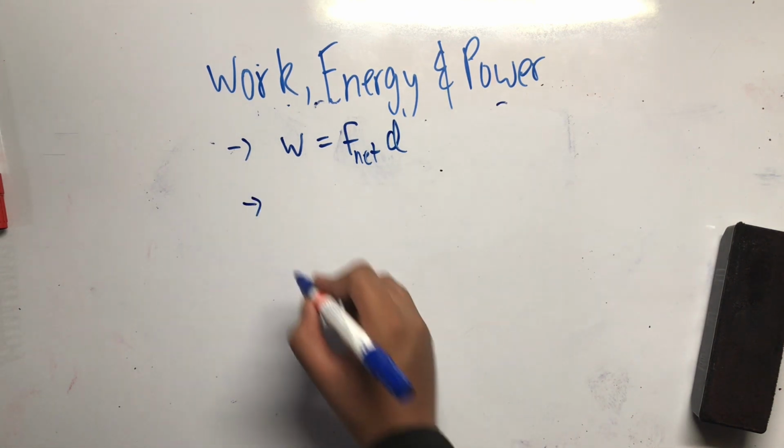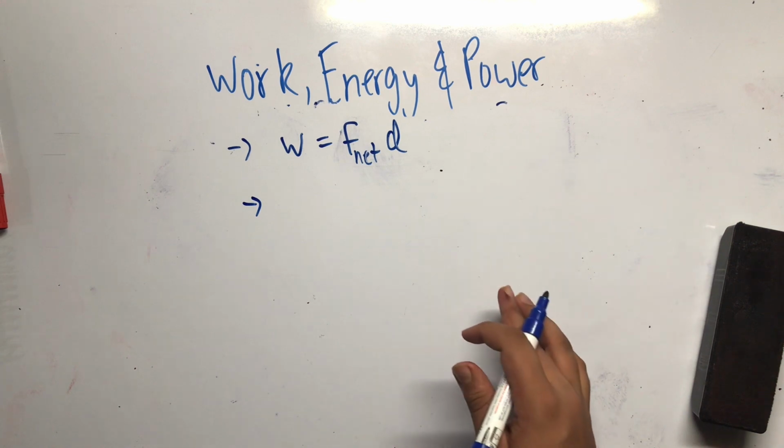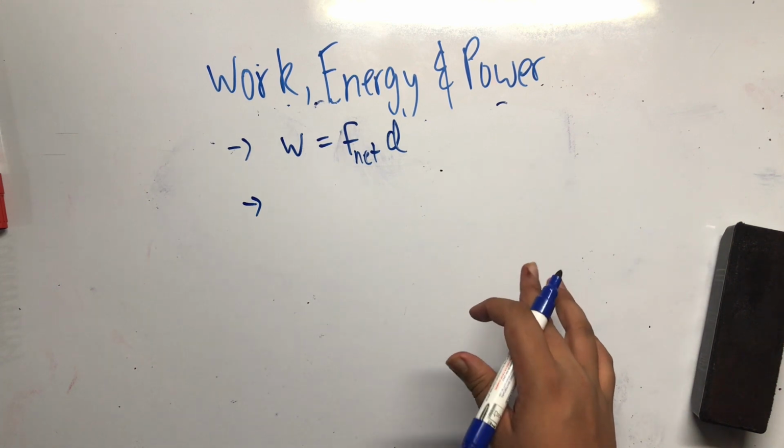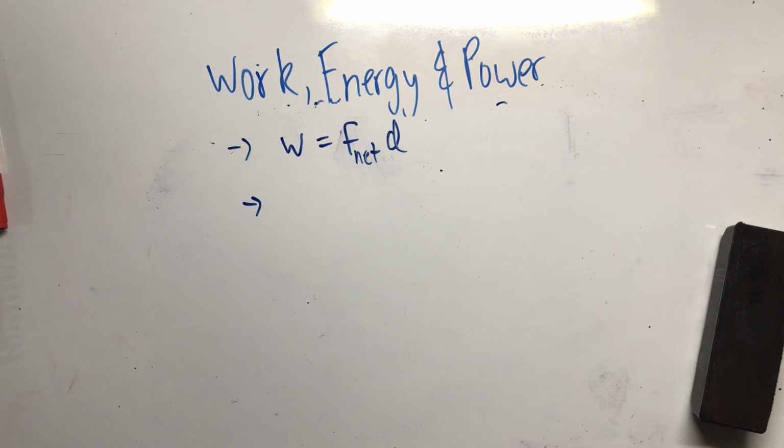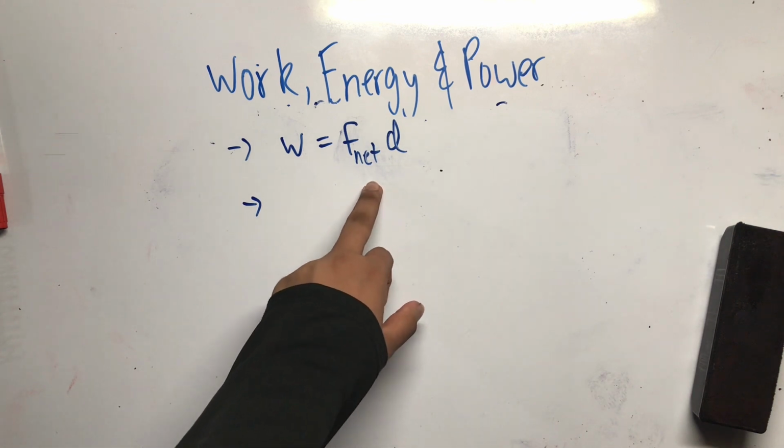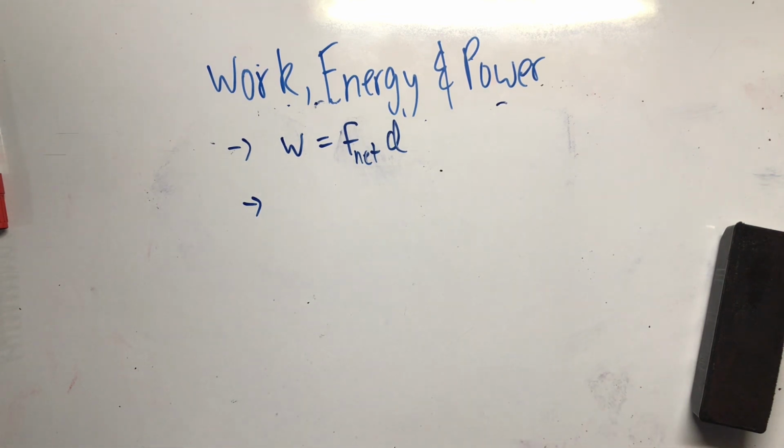Now work done is a scalar quantity, since it's a measure of energy. Kinetic energy is a scalar quantity, gravitational potential energy is a scalar quantity.